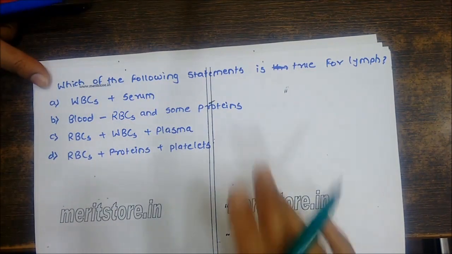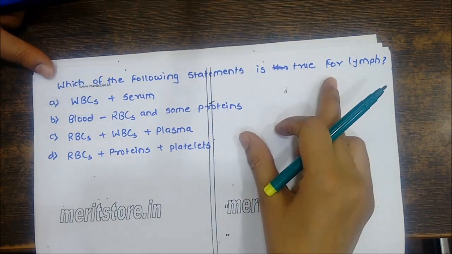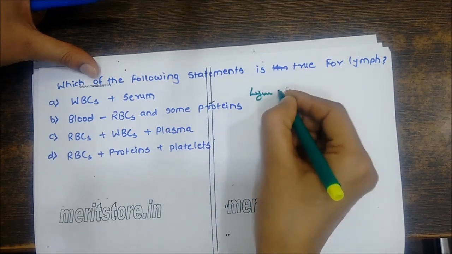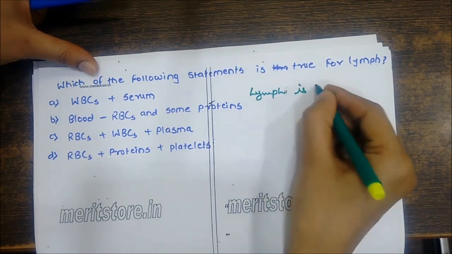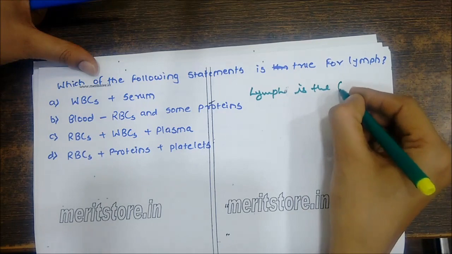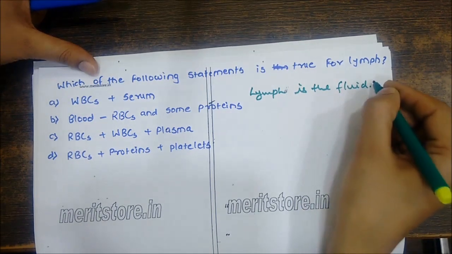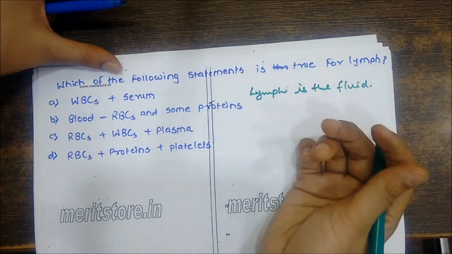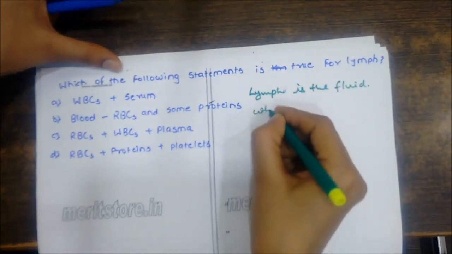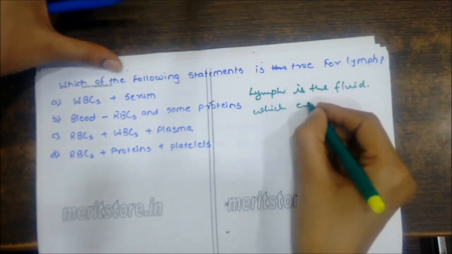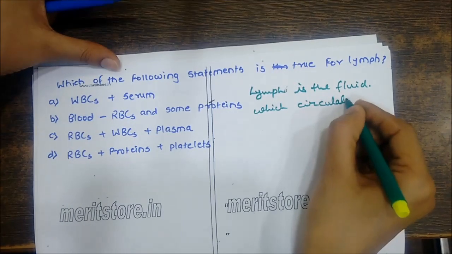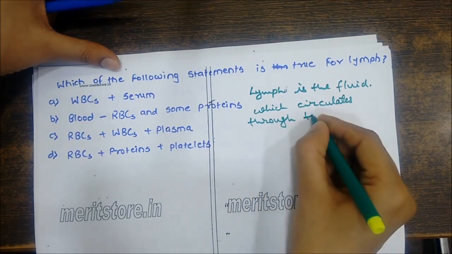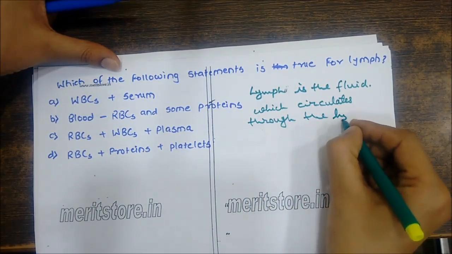Now, which of the following statements is true for lymph? What is lymph? Lymph is the fluid which circulates through the lymphatic system.